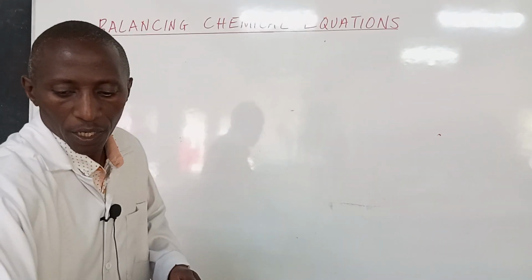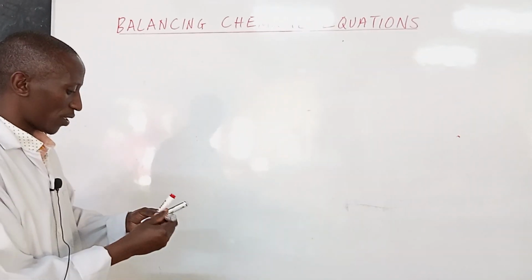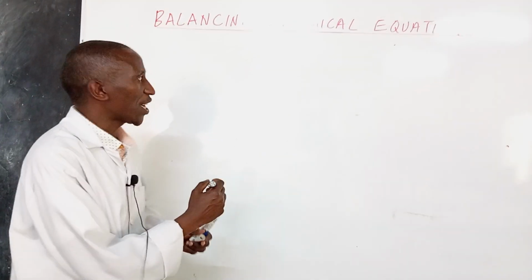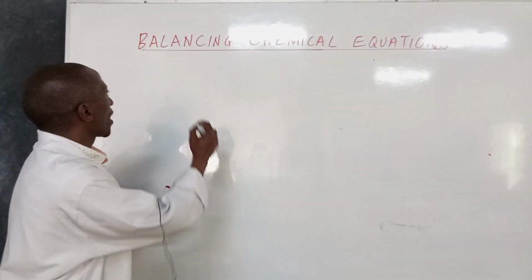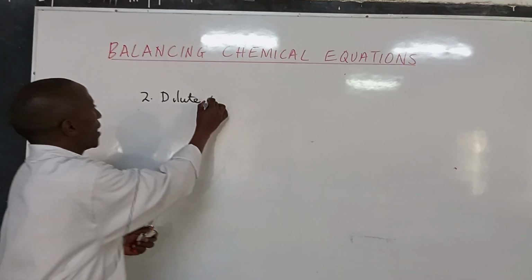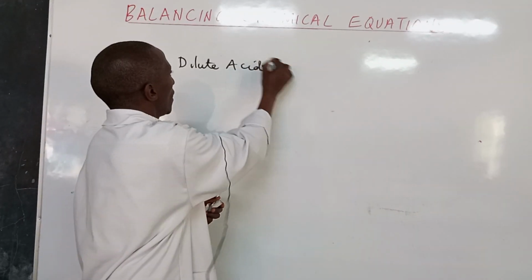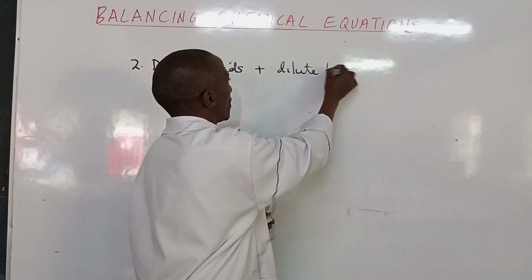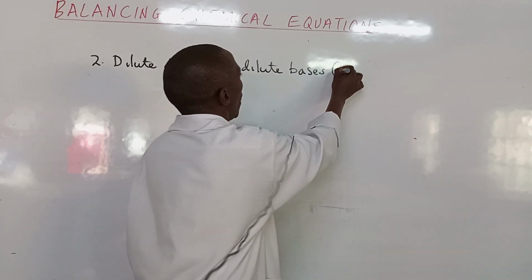In part 2, we are talking about the reactions of dilute acids and dilute bases, or what we call alkalis.